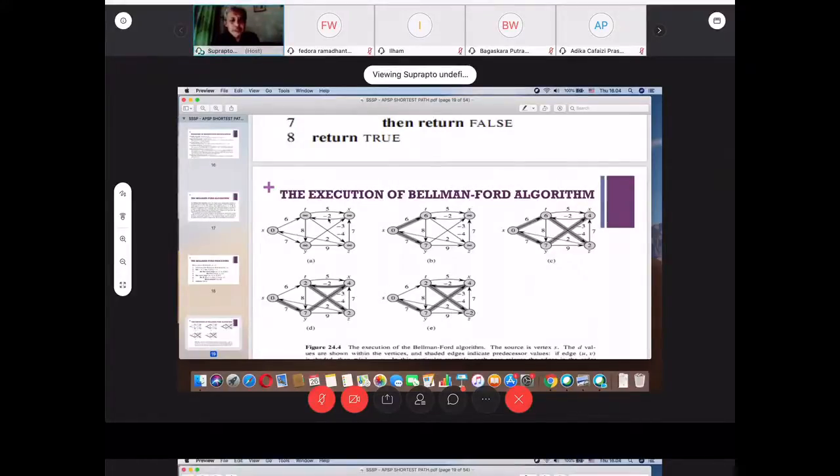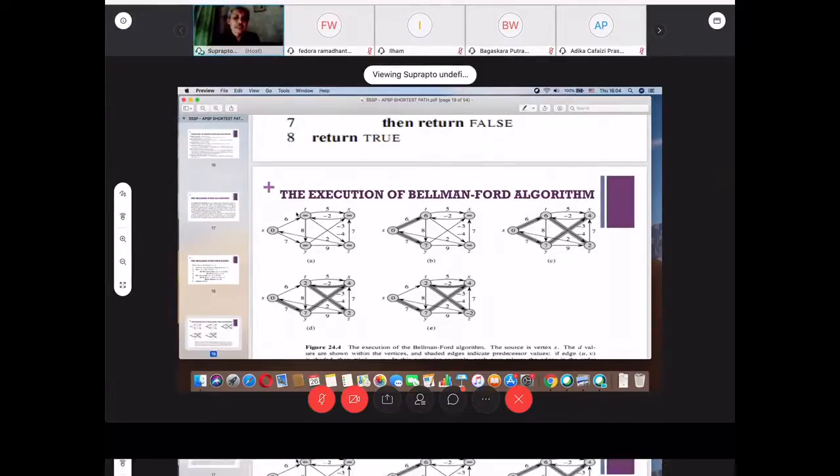And according to this, why does a solution exist? Because there is no negative weight cycle in this case visible from S, right? You can identify all cycles in this graph.